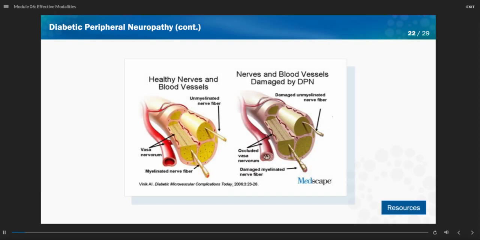So diabetic peripheral neuropathy, just as some background, really is a disease of the microvasculature in people living with type 2 diabetes. And the microvasculature that supplies the peripheral nerves, and especially the myelinated fibers of those peripheral nerves, is the vasa nervorum. And essentially what's happening, this is an endothelial cell injury with a decreased production of nitric oxide, causing vasoconstriction and inflammation within those arteries.